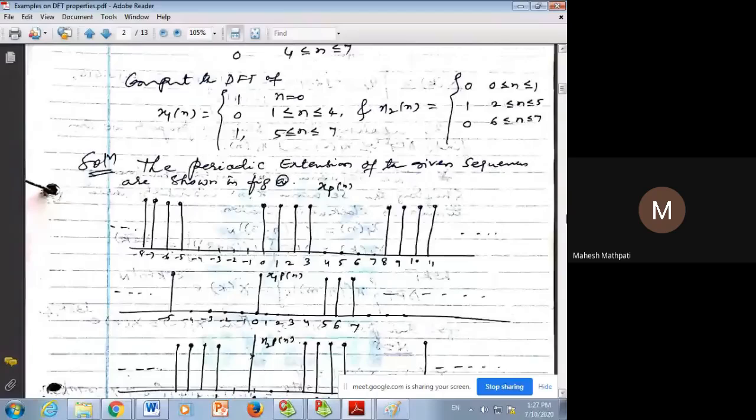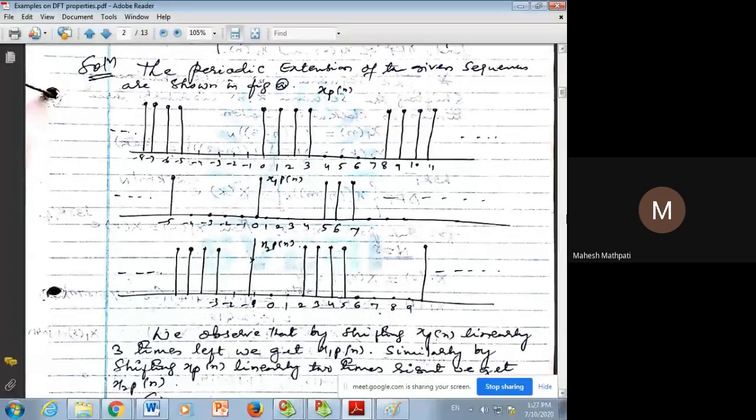So for that, we just first note down these diagrams. Right, solution. Then write down this diagram. Are you able to understand what diagrams are these? So what is that first diagram indicating?